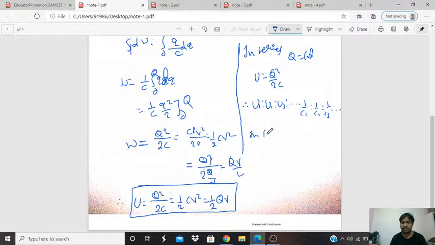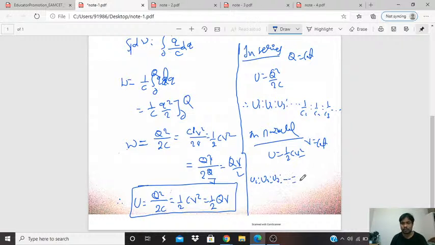Now in parallel, V is constant potential, so U equals half CV square. V constant, therefore U1, U2, U3 and so on are in the ratio C1, C2, C3 and so on. This is the energy stored ratio.